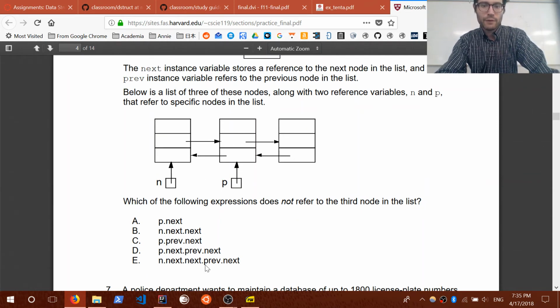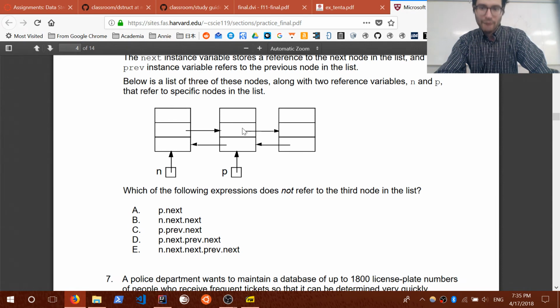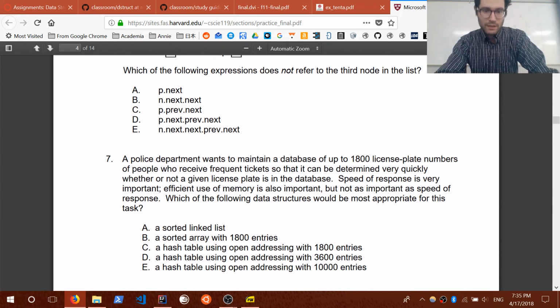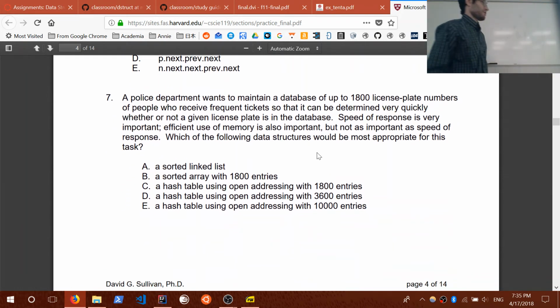Which of the following is not a way to refer to the third node in this list? p.next refers to the third node. n.next.next, that's the third node. p.previous.next does not refer to the third node. p.next.previous.next, that's the third node. And n.next.next.previous.next, that's the third node. So it was C.